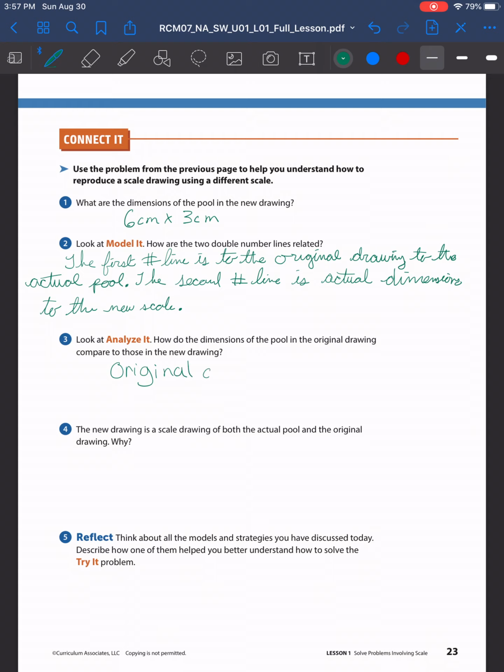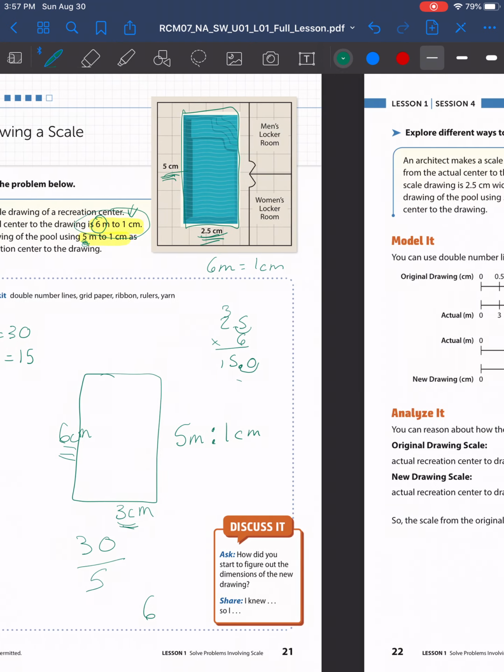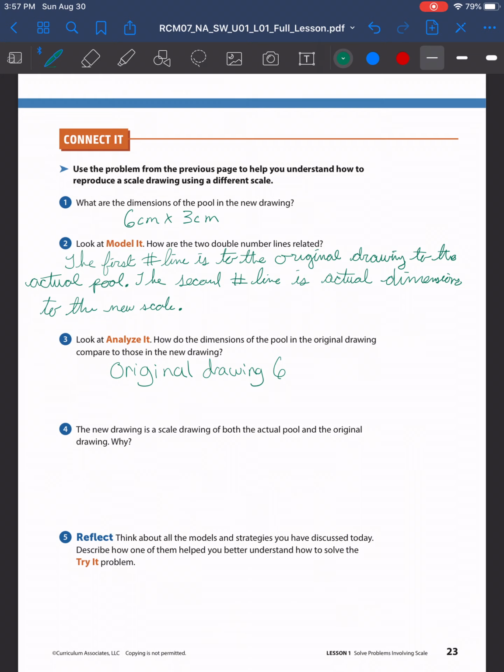Okay, so original drawing scale factor was 6. Sorry, the original was 6. The new one that we did was 5, right? Yeah, okay. So original drawing 6, new drawing was 5. So what we can say is if we compare the two, we can say it's 6 to 5.